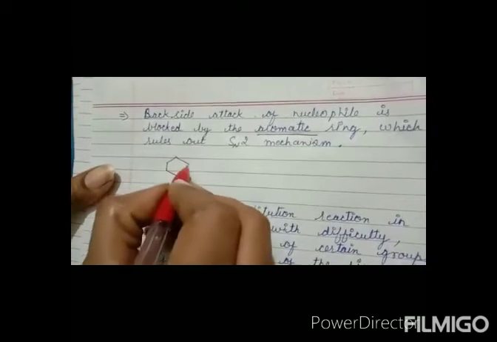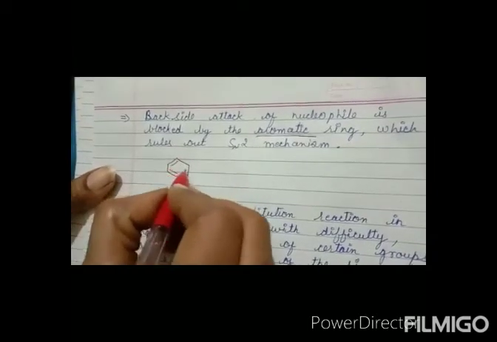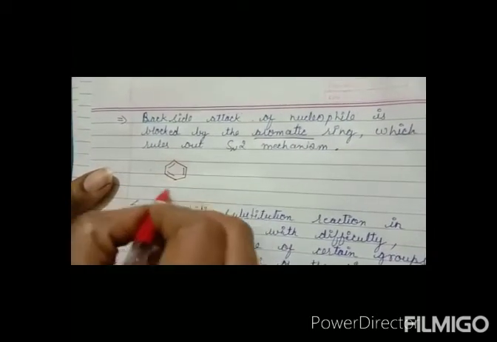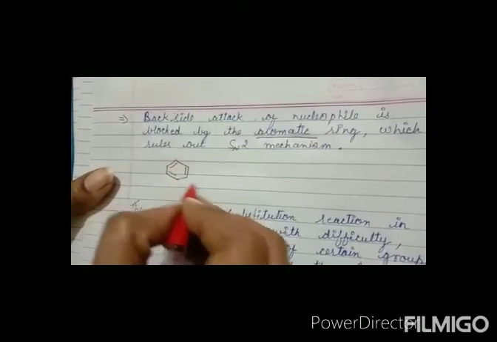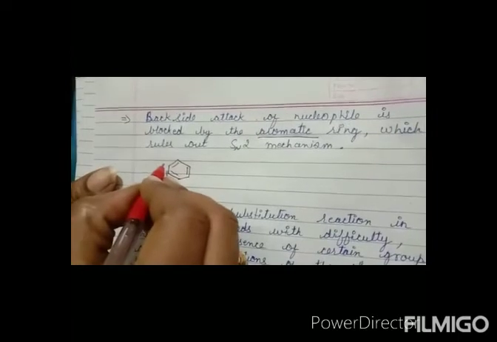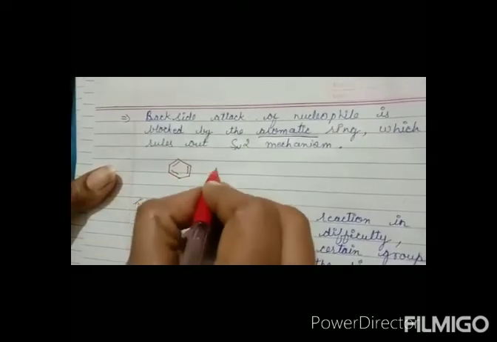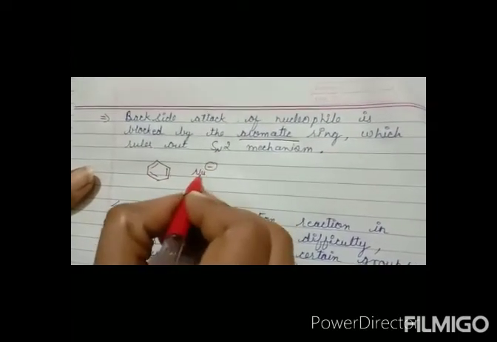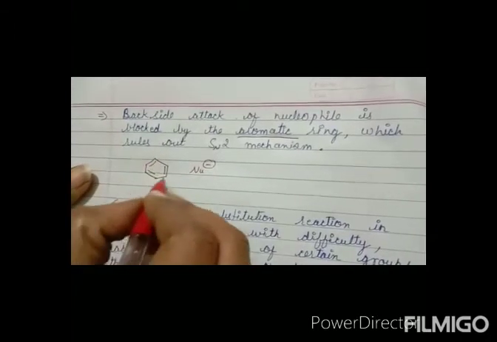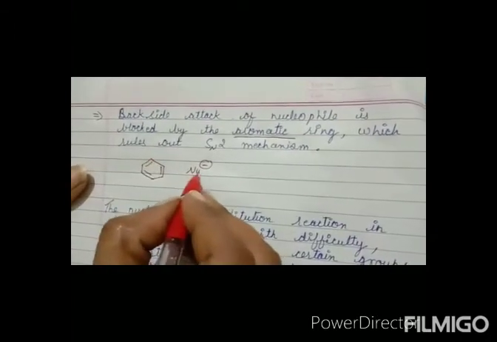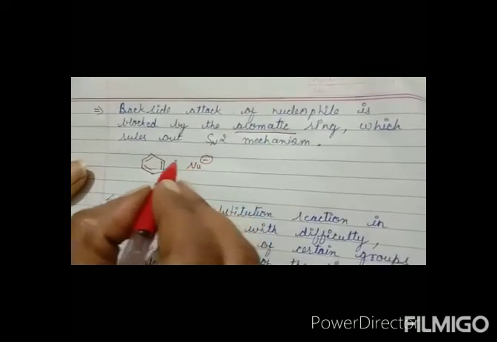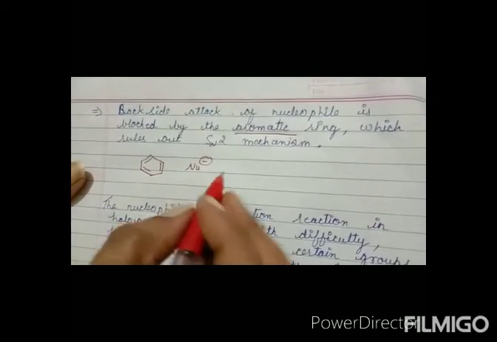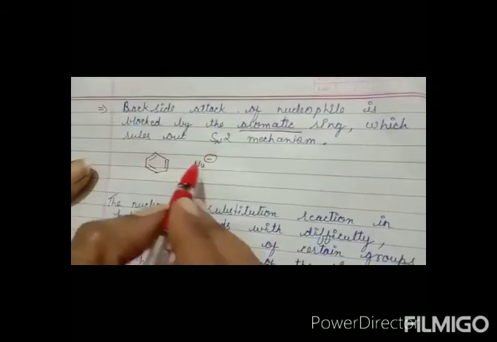In this aromatic ring, we know that we have alternate double and single bond. So definitely the electron density is more, electrons which are negatively charged, and the nucleophile which attacks is also negatively charged. So when the electron density is more, when we are attacking by the nucleophile which is negatively charged, it actually blocks the attack.